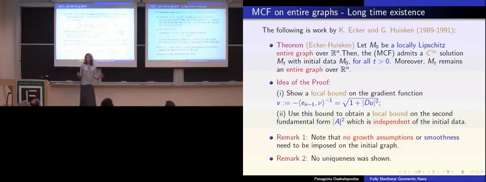No growth condition is assumed at infinity. Nothing, no assumption at infinity, just that it's a graph. Entire means that it's defined for every x, and what they show is that it's defined for every t as well.